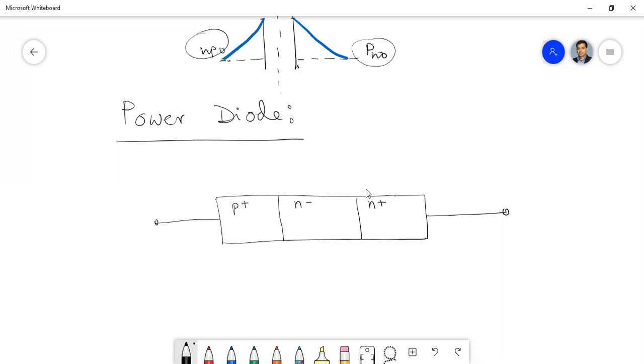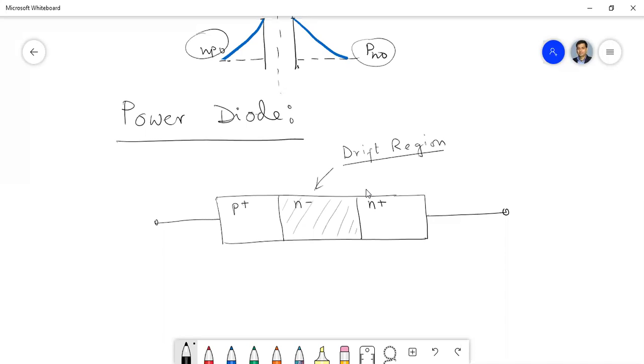So let me first discuss the open circuited condition. Now this N minus layer is here termed as the drift region. Okay, so this is the main difference between the signal diode, the normal diode, and the power diode.